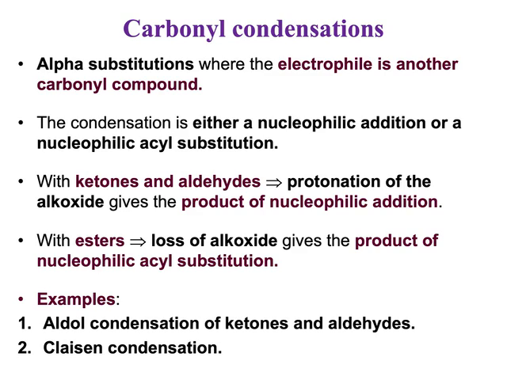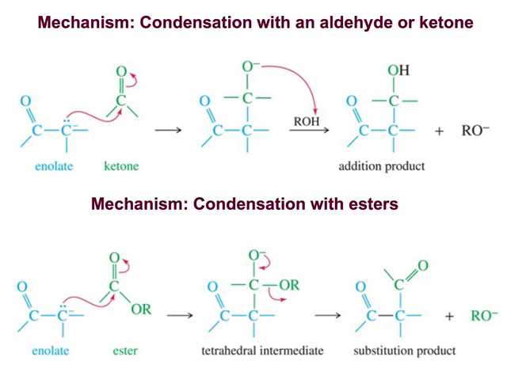First, if the carbonyl condensation uses ketone and aldehyde, protonation of the alkoxide will give the nucleophilic addition product. If ester, loss of alkoxide will give the nucleophilic acyl substitution product. So there are two types of carbonyl condensation. First, Aldol condensation. Number 2 is Claisen condensation.